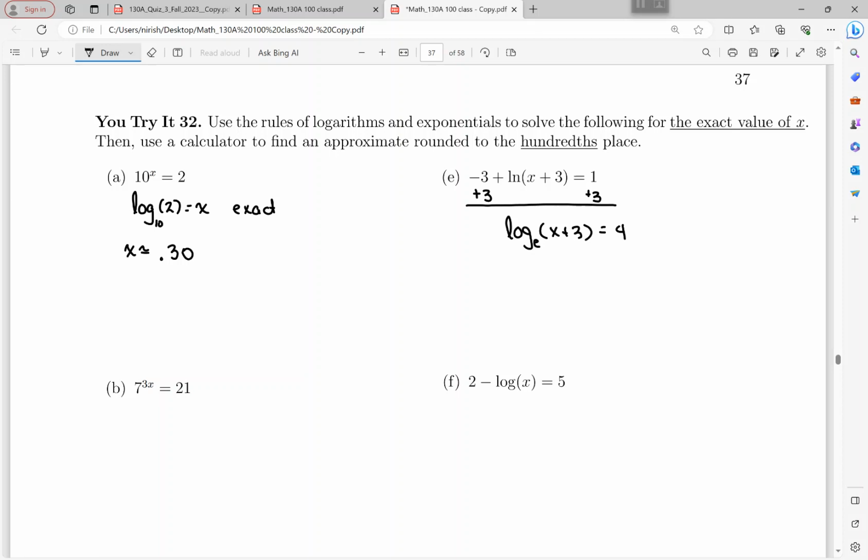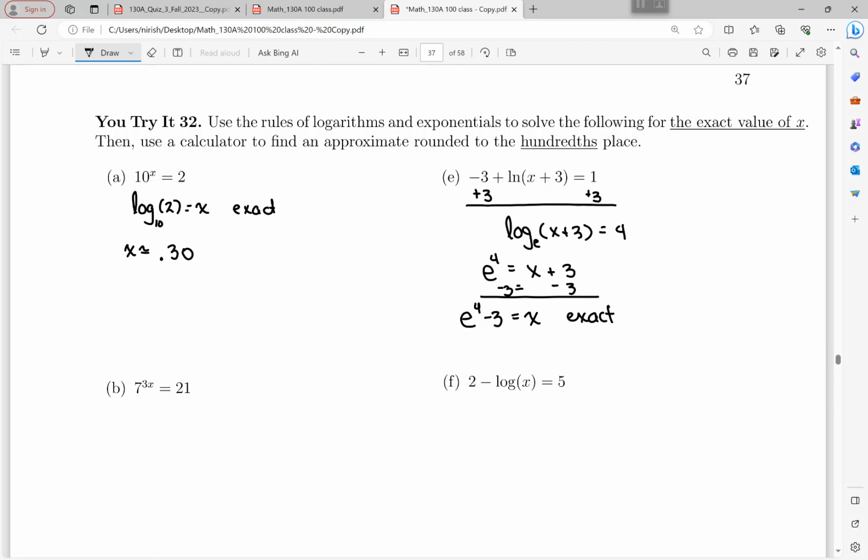Once you have the logarithm by itself, you can go ahead and rewrite: base, power, answer. To get the exact answer, solve for x first. Subtract 3 from both sides of the equation. And that's your exact answer once you get x by itself.